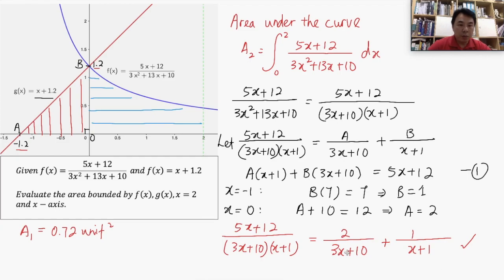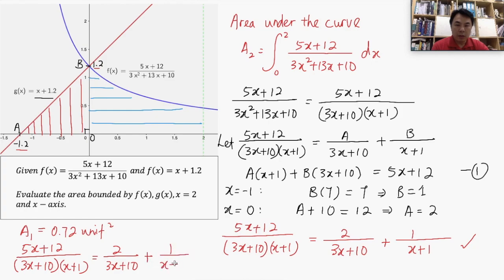So I'm going to copy down this result at the side here, so that we can continue on with the integration. From here, we found out that (5x + 12) over (3x + 10)(x + 1) is equal to 2 over (3x + 10) plus 1 over (x + 1).